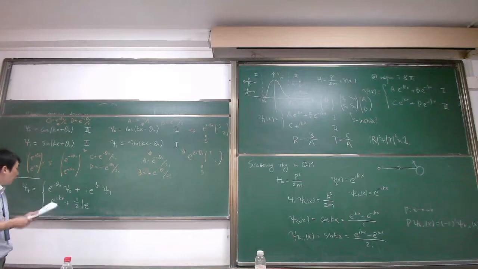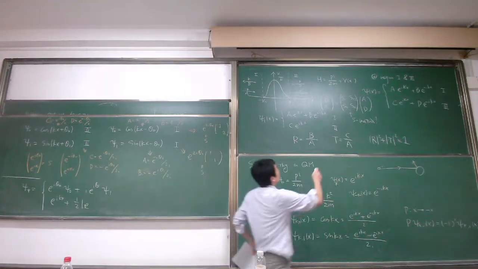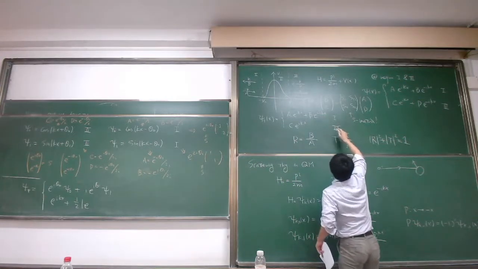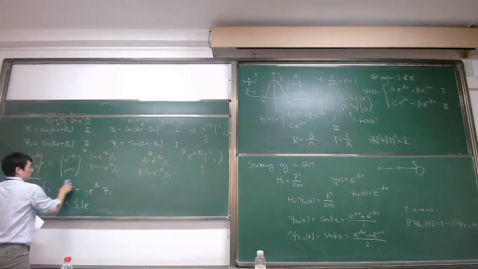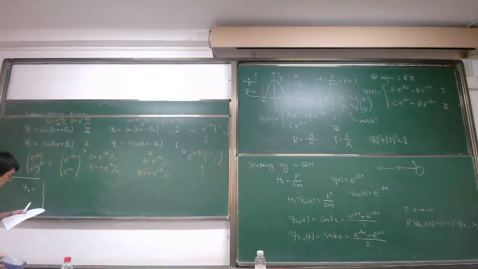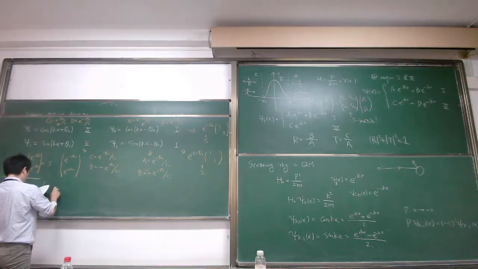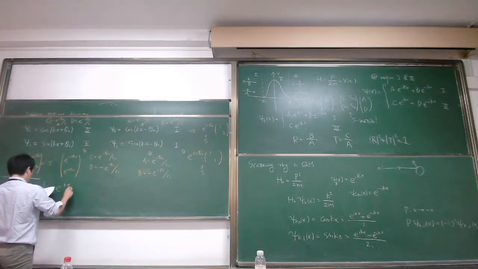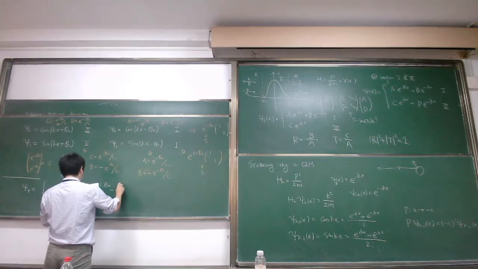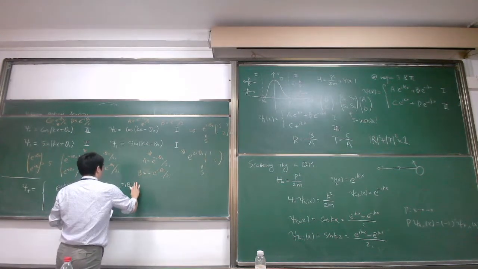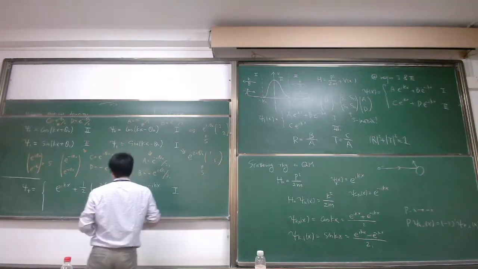Oh, I see. Okay, so the way I have written it is very misleading. So here, this should be region 3. Sorry, my lecture note should be opposite. So region 1, we have e to the ikx plus 1/2 e to the 2I theta naught minus e to the 2I theta 1 e to the minus ikx, and this is region 1.